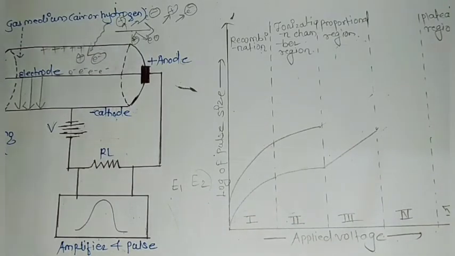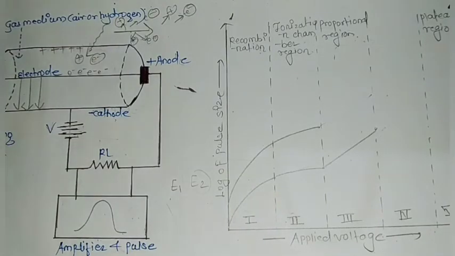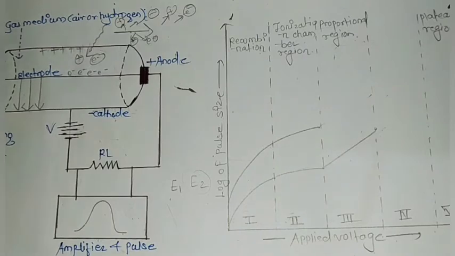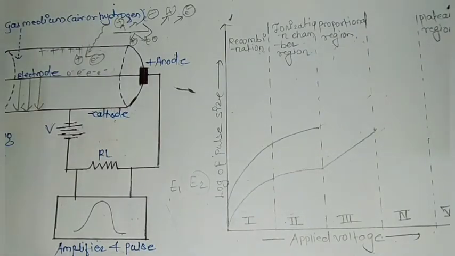In those cases, for particles having very low energy, we want to increase the signal of the current pulse itself. It's better to increase the voltage so that the current pulse will increase with the voltage, and we can distinguish the current pulse from the electronic noise.